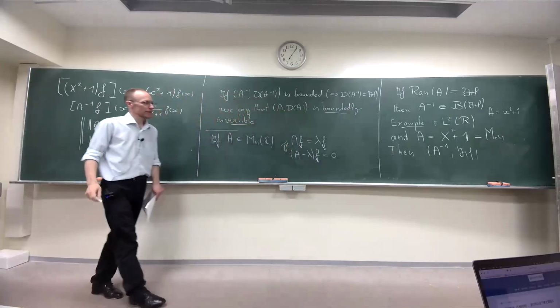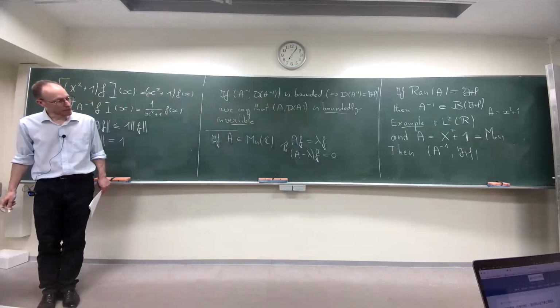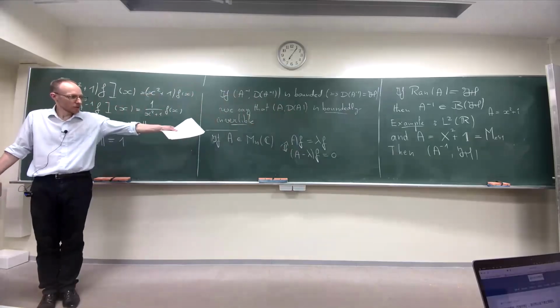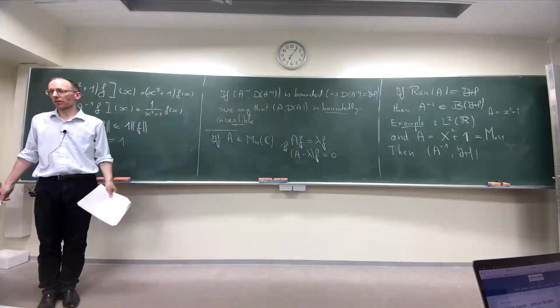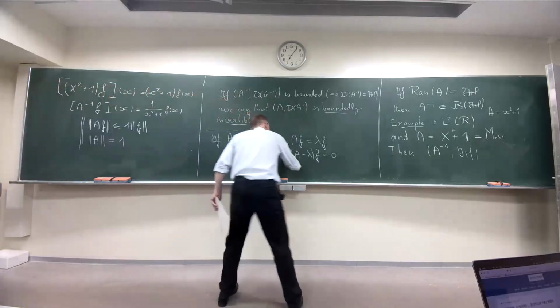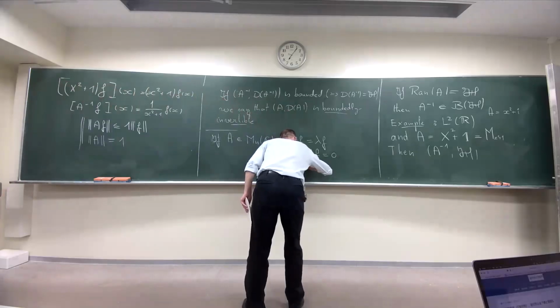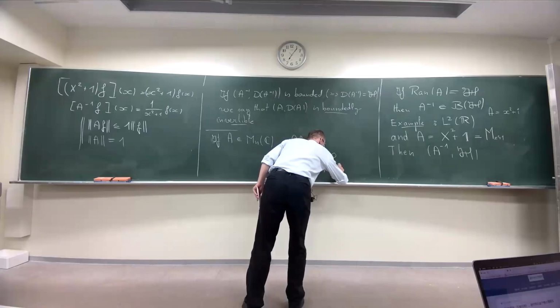And what happens with the second one? A minus lambda is not invertible because, assuming that f is not 0, you have somebody in the kernel. So this is equivalent to the kernel of A minus lambda not being empty, not just 0.